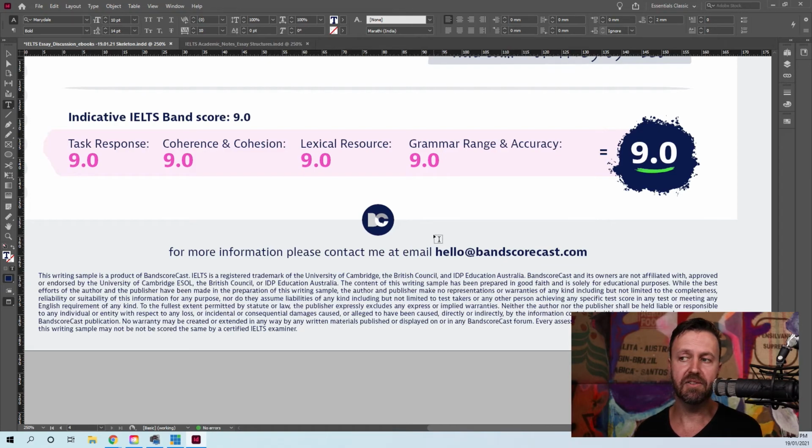And in grammar range and accuracy, there are no grammar mistakes here, and it's been very accurate. So you can argue, guys, that this would be given a band score of 9 based on the published IELTS examiner band descriptors.